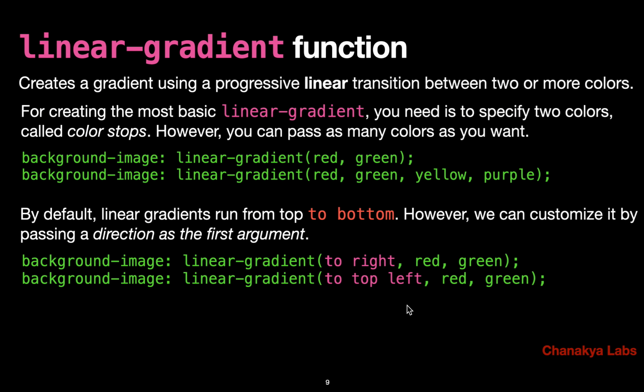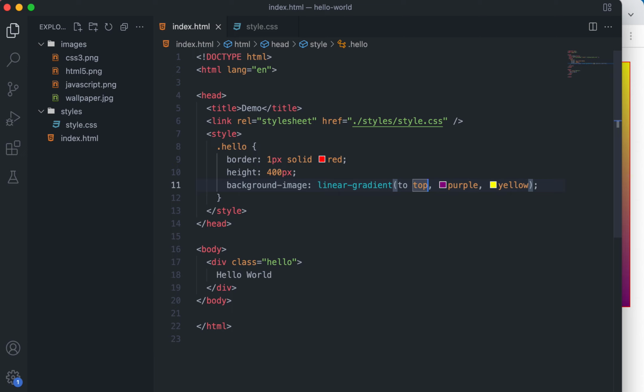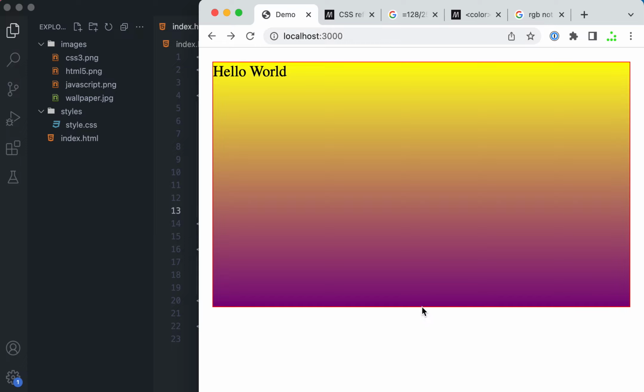However, as we can see, we can write something like top left, top right, bottom left, bottom right, these sort of things we can write. So let's try something like, let's say, top right. This is just a standard syntax which you can write just for directions. So you see that right now purple to yellow was happening to top, now it should happen to top right, which means that this direction of linear gradient was from bottom to top, but now it should be to top right.